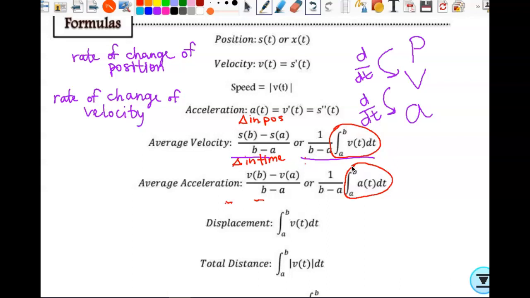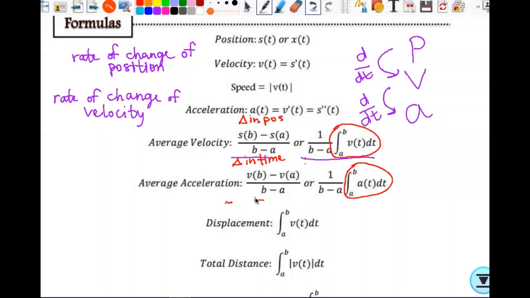Change in velocity, because acceleration is the rate of change of velocity. If I integrate the rate of change of velocity, we get change in velocity. So both of these expressions are the same. I'm taking change in velocity divided by change in time. Over here with an integral, change in velocity divided by change in time.